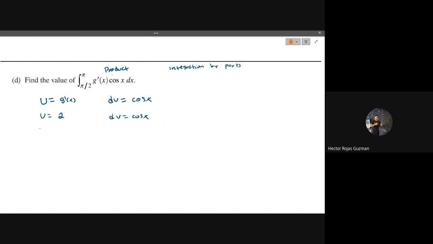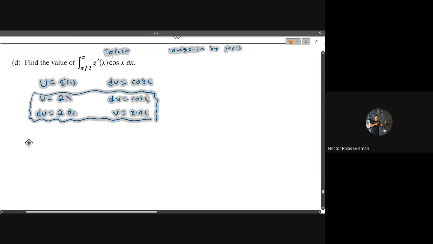If I derive u, I get 2 dx. And if I integrate dv, I get sine of x. You don't have to put a plus C. That's going to come later. So here's your u and your du, your v and your dv.